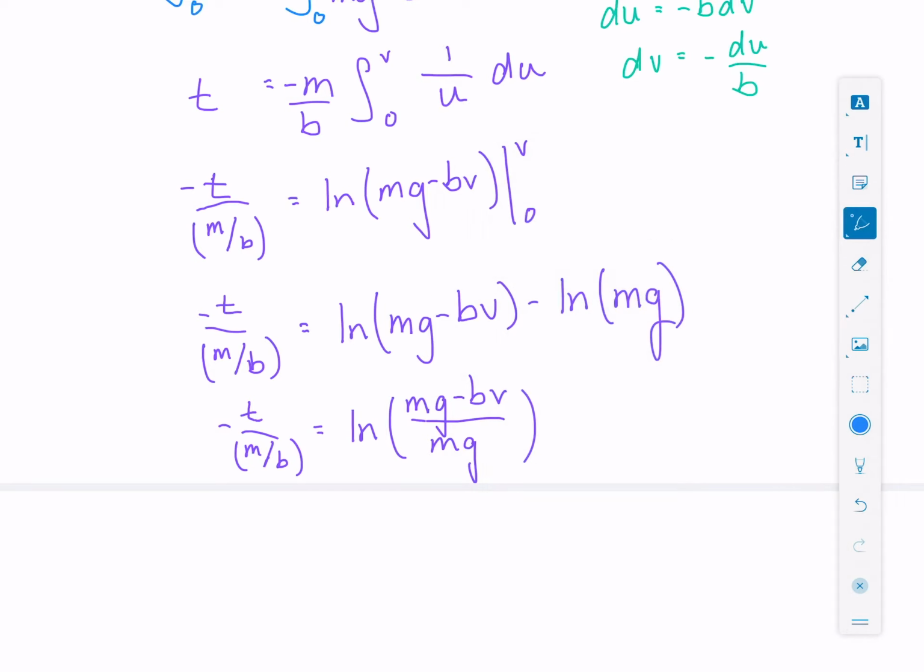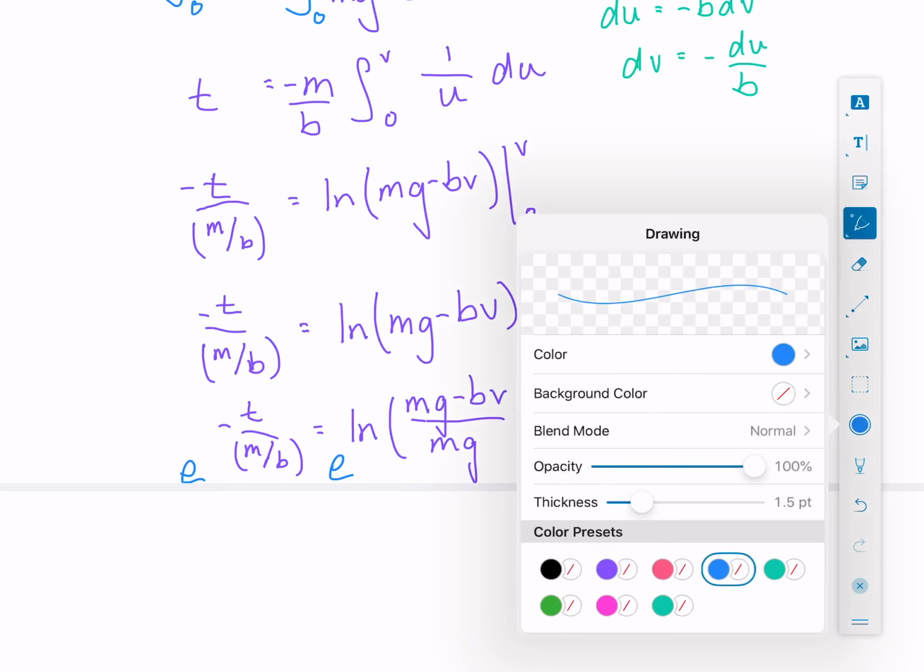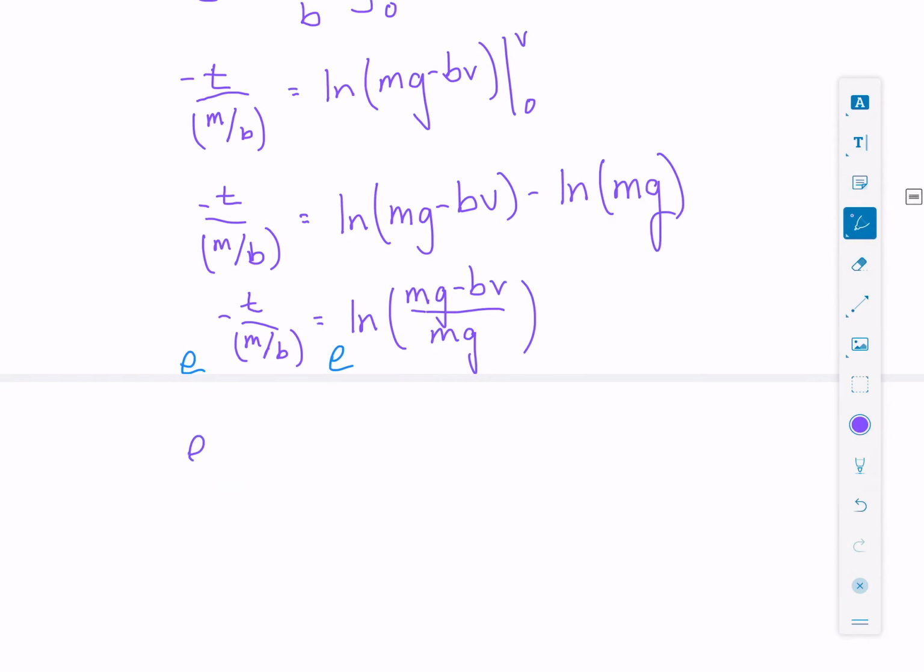So in order to do that, I need to get rid of the natural log. We can raise e to the power of both sides. So e to the negative t over (m over b) is therefore equal to (mg minus bv) over mg.